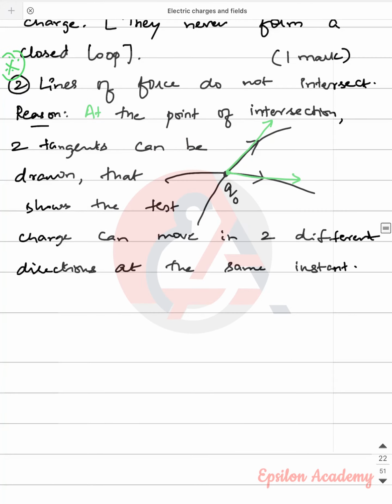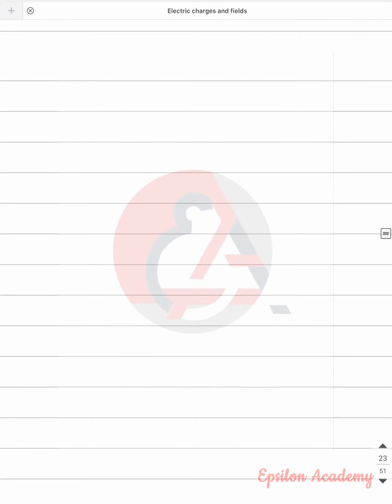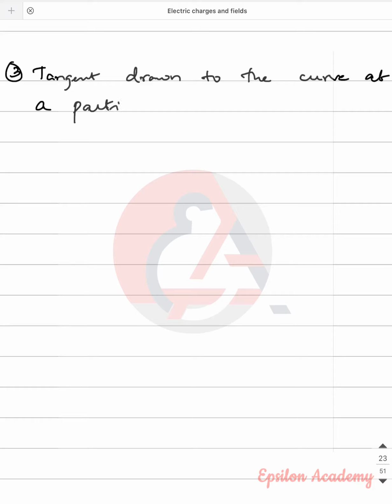The next point. So we have already discussed this point. Tangent drawn to the curve at a particular point gives the direction of electric field at that point.